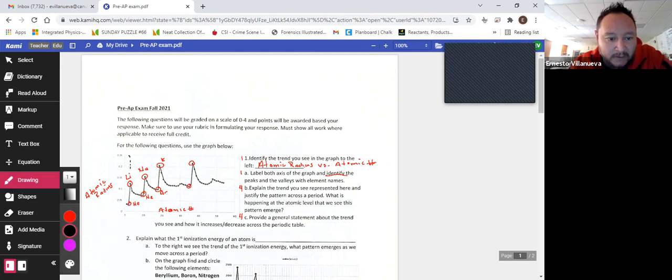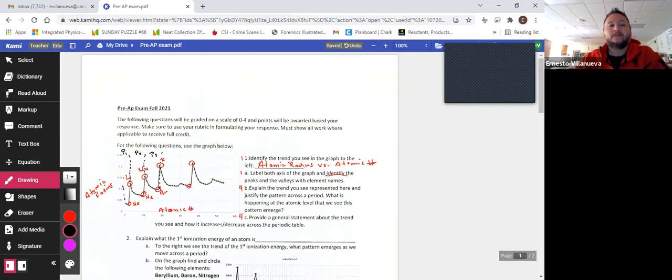Look, if this is lithium and neon is down here, this represents a period. You can't see it here, but there's hydrogen here. So this is period 1, this is period 2, this is period 3, and this should have been labeled in your notes too, because when we did the Socrative on this, this is exactly what I asked you to do.